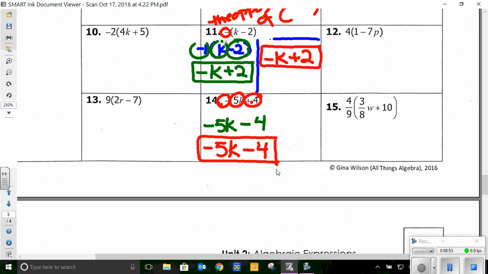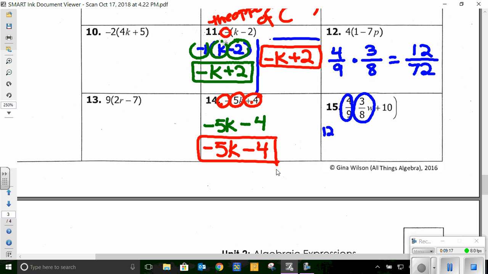I know if I'm taking 4 over 9 times 3 over 8w, what I'm doing there is literally 4 over 9 times 3 over 8. And when I do that math, I'm just, remember, multiplying straight across. 4 times 3, that gives me 12. And 9 times 8 gives me 72. So that gives me 12 over 72w.